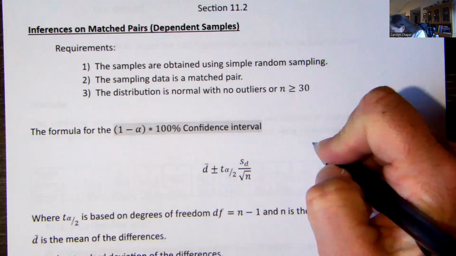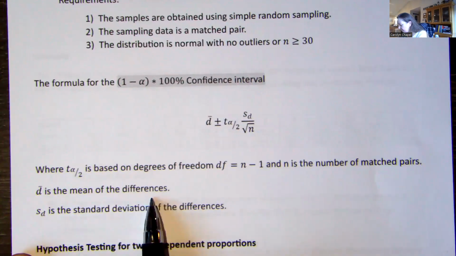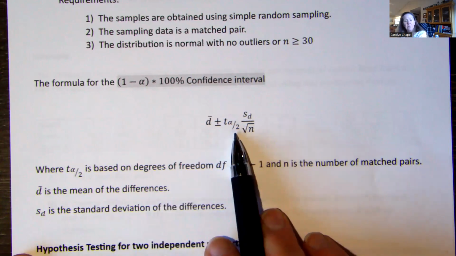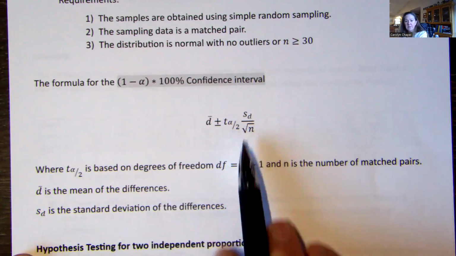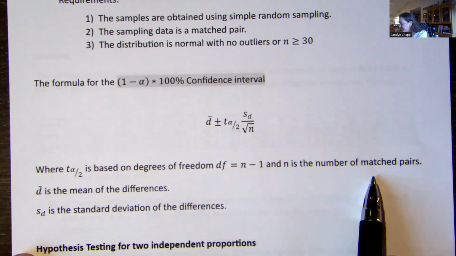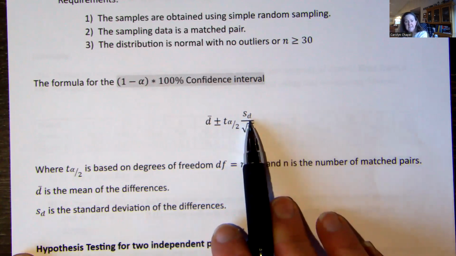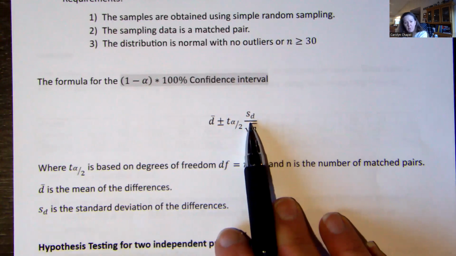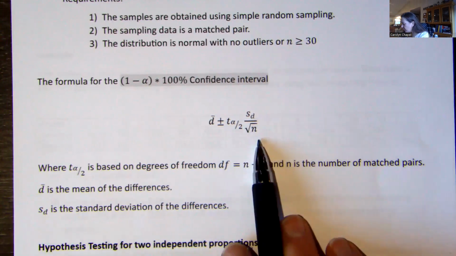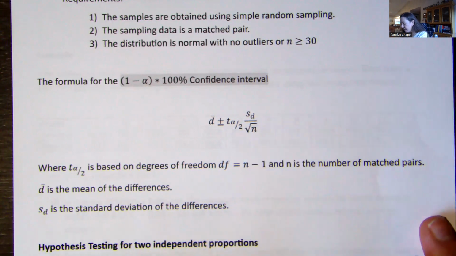So d bar is going to be the average or the mean of our differences. t alpha over 2, again, is going to be based on the degrees of freedom, n minus 1 for the number of matched pairs. And as we do our example, I'll kind of explain all of those. s_d is going to be that standard deviation of our differences, and then, of course, divided by the square root of n, being the total number of matched pairs that we have.